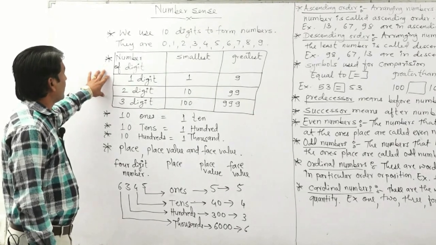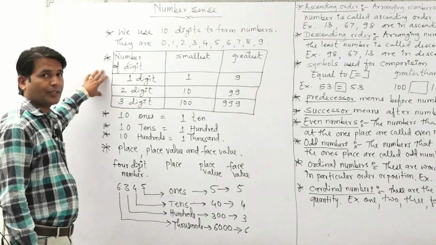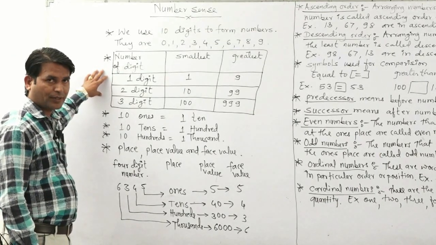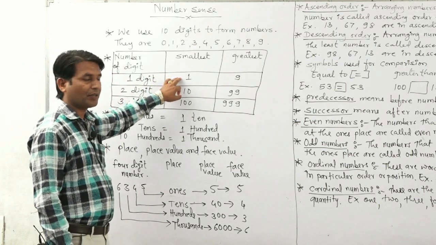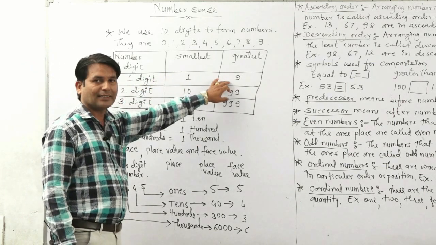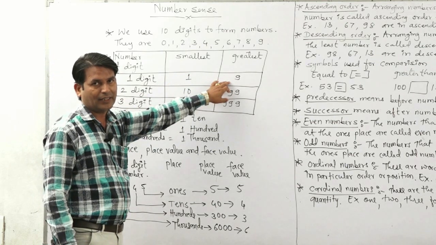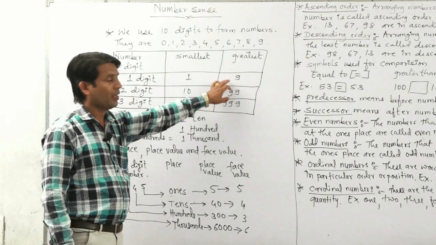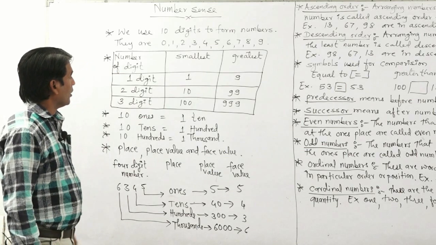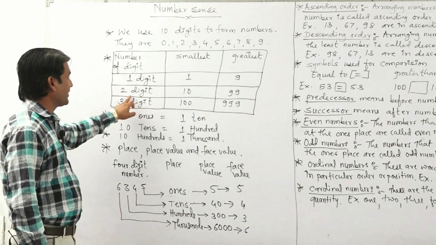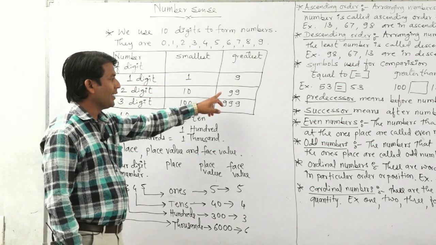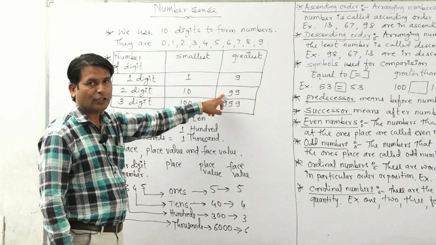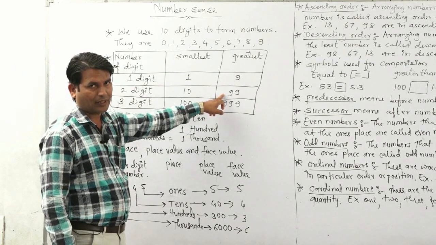what is the smallest one digit number. 1 is the smallest one digit number and 9 is the greatest one digit number. Next one, 10 is the smallest two digit number and 99 is the greatest two digit number.